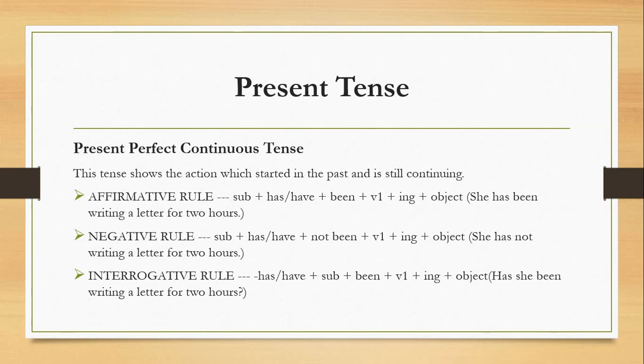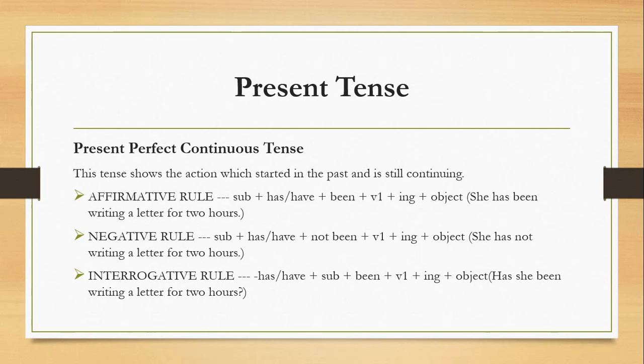Negative: subject plus has or have plus not been plus V1 plus ing plus object. She has not been writing a letter for 2 hours. Then comes interrogative: has or have plus subject plus been plus V1 plus ing plus object. Has she been writing a letter for 2 hours?